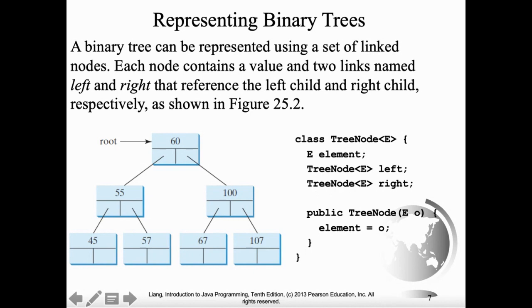And also, since we're dealing with a binary tree, the maximum number of children each node can have is 2. So you either have a left child or right child or none of those, or both of them, right? So the maximum number of children you can have is 2.